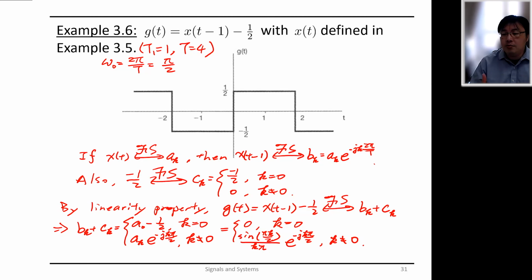So using these properties, we can obtain the Fourier series coefficient of some slightly more complicated signal g of t using the Fourier series coefficient of a simpler case that we derived before, which is that of x of t. Now, in the next example, we do this again, utilizing results that we obtained for g of t.